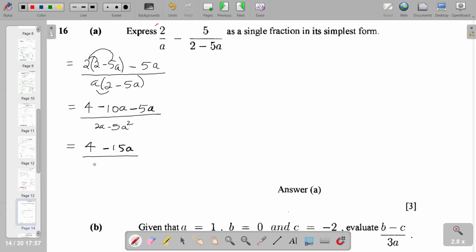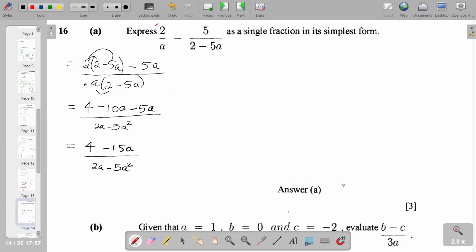Here you can leave it as 2a, open bracket, 2a minus 5a squared, or the denominator can be left in factorized form.